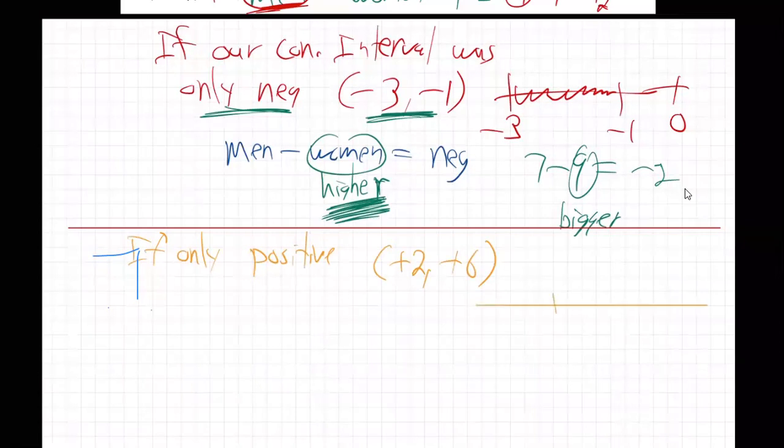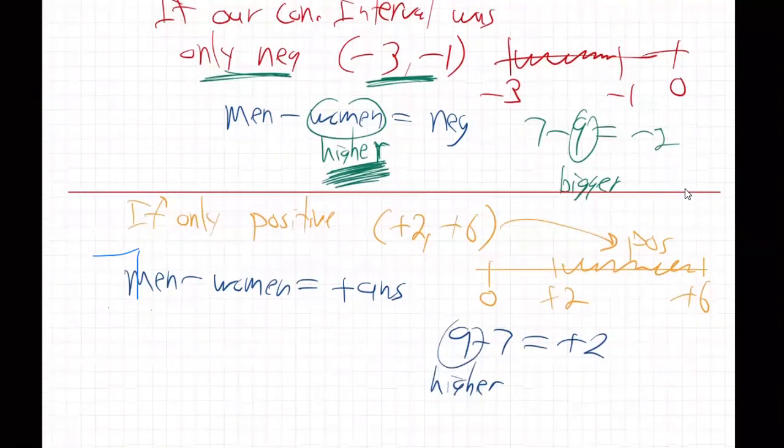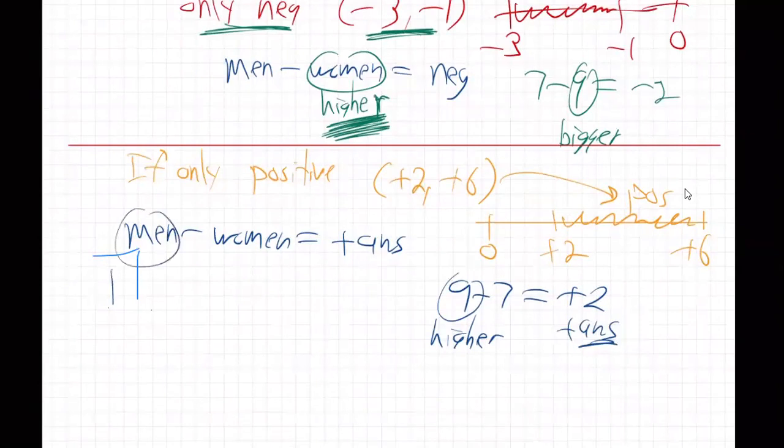If I said, yeah, my interval only goes from +2 to +6, the zero's somewhere over here. So if we're in here, then it's only positive, right? And what does that mean about two numbers? If you subtract men minus women and you get a positive answer, how do you subtract two numbers and get a positive answer? The first number has to be bigger, doesn't it? Higher. That's the only way to subtract two numbers and get a positive answer. So that would mean the men would have a higher.